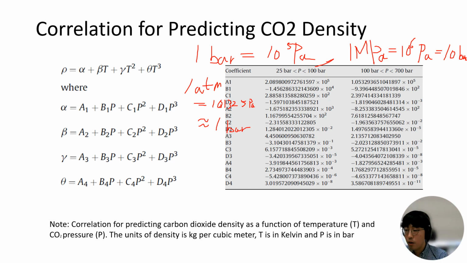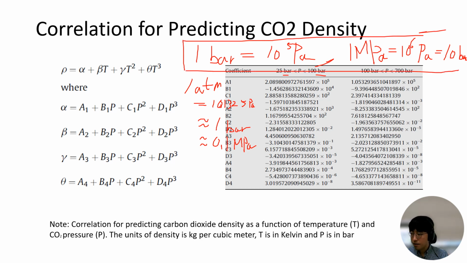So that's why we use 1 ATM and 1 bar interchangeably. And this is also similar to 0.1 megapascal. Because we've been reviewing pressure in megapascal in the phase diagram, and now we are using bar, that's why I'm making this brief point that I wish to share.